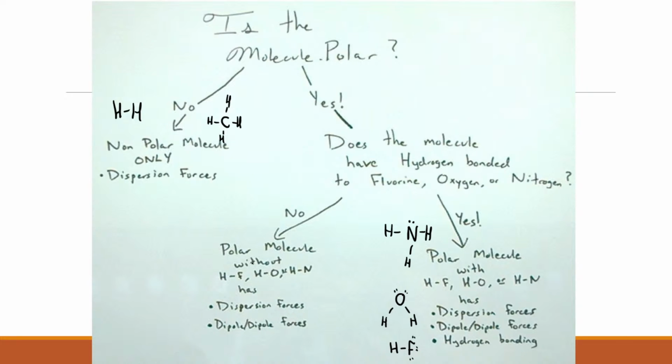But over here, something like chloroform is polar, but does not have HF, HO, or HN. And so this is somewhere in the middle, right? Dispersion and dipole-dipole. These two have the weakest type of intermolecular force, just dispersion forces. And these three have some of the strongest intermolecular forces, with all three of them.